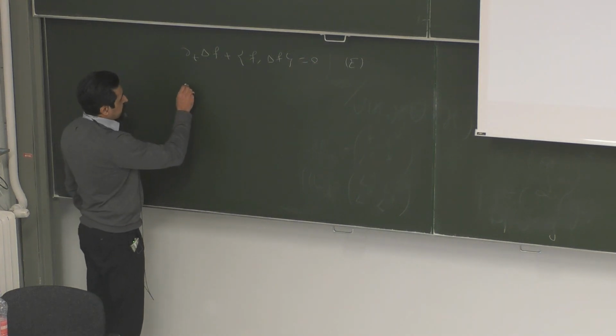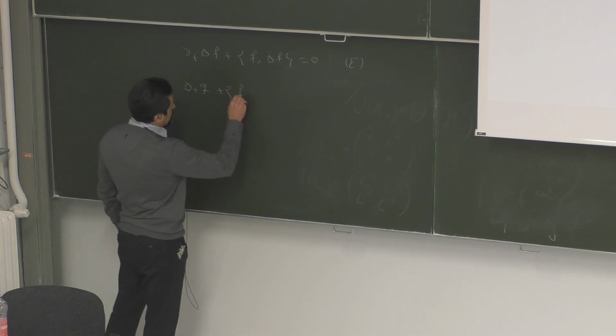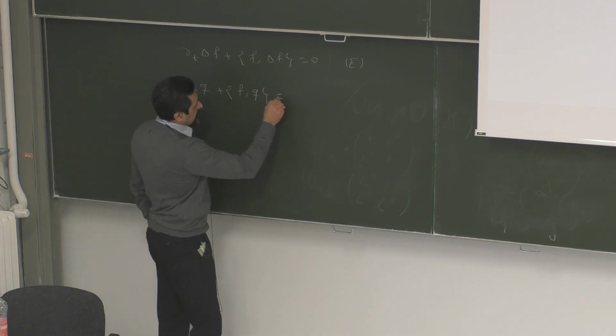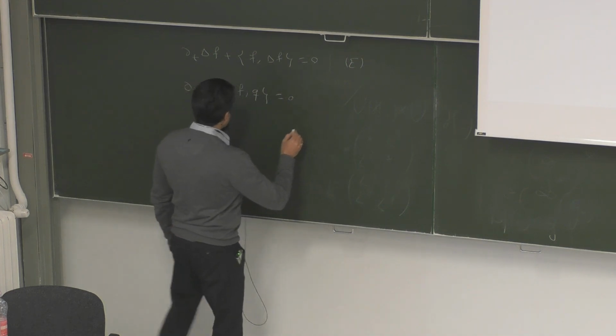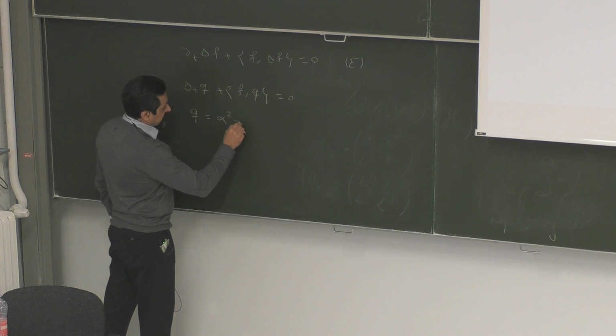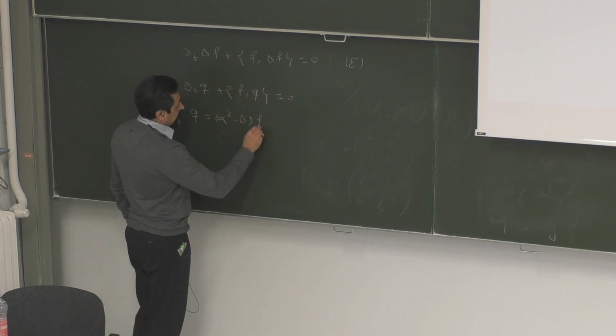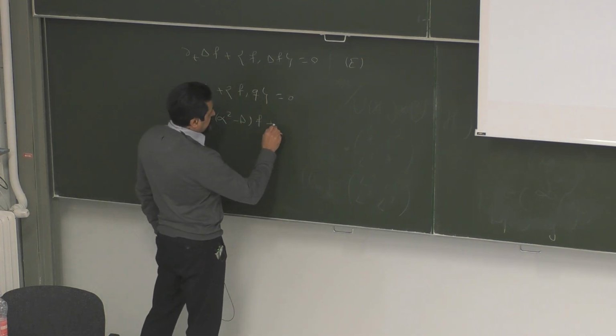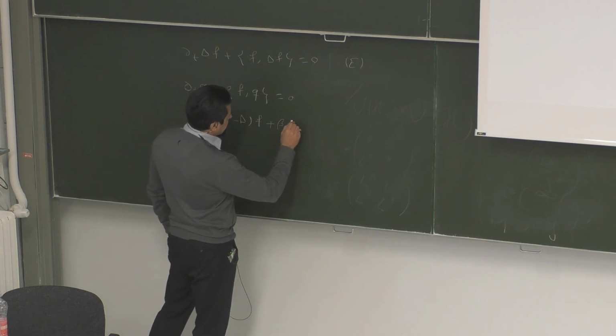And the next one is the quasi-geostrophic equations, where the potential vorticity is different, plus or minus some beta.